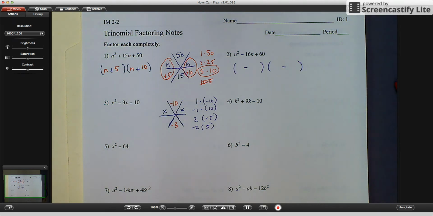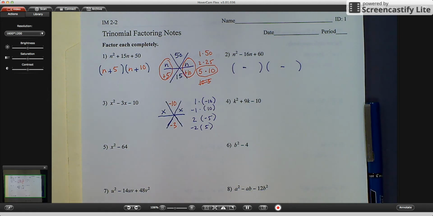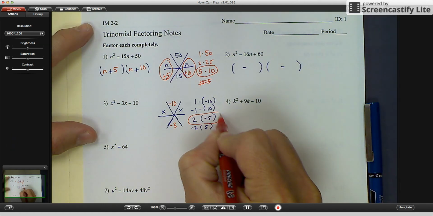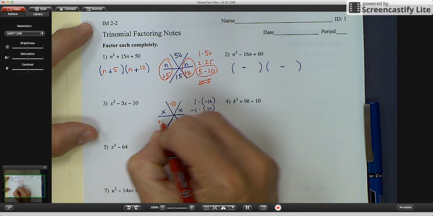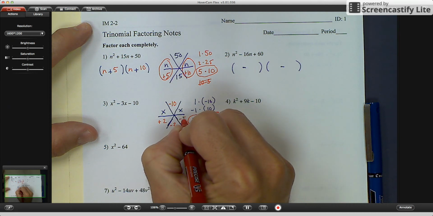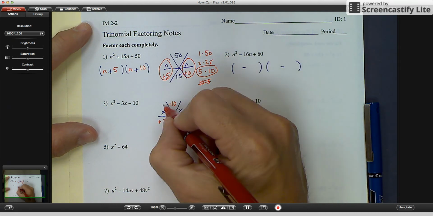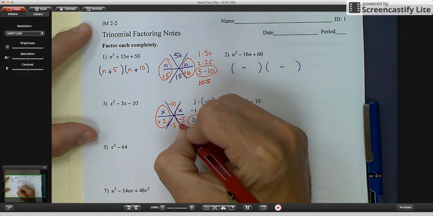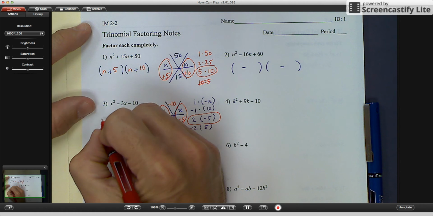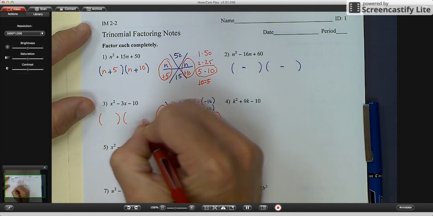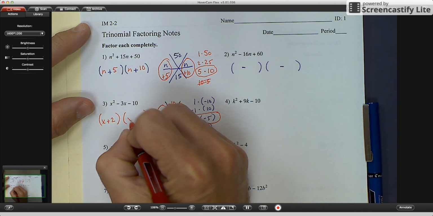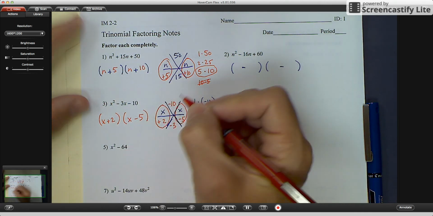So now, which one of these, when added together, equal a negative 3? Well, a negative 5 and a positive 2. So, put our positive 2 there, put our negative 5 there, and that is in no particular order. So one binomial is x plus 2, the other binomial is x minus 5. So, put my binomial parentheses, x plus 2, x minus 5.